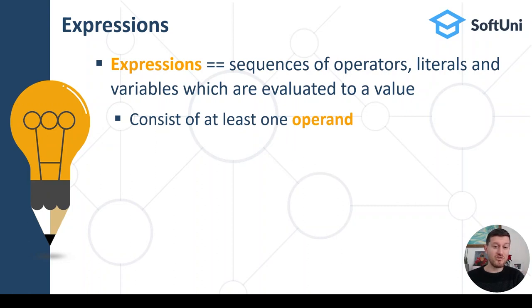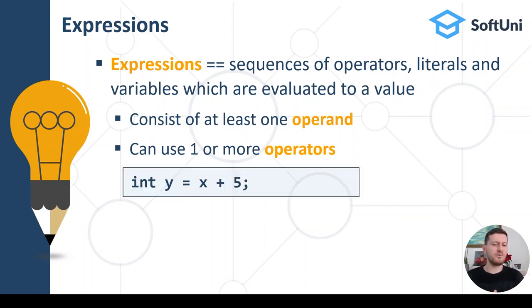So expressions consist of at least one operand or value, and can use one or more operators which combine the operands. For example, the right part is a calculation, and this part here is an assignment.